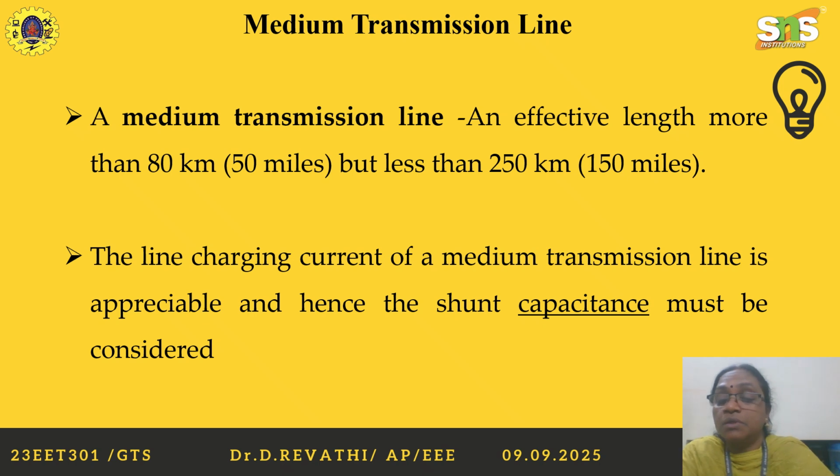I think you all remember that in the short transmission line we neglect the line charging current, and based on this we do not use the shunt capacitance. But here in the medium transmission line, the line charging current is considered appreciable, and based on this we use shunt capacitance.